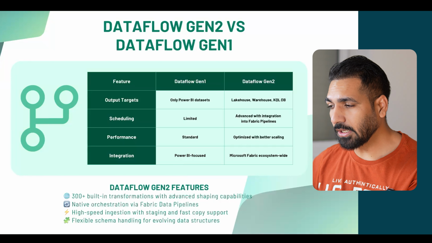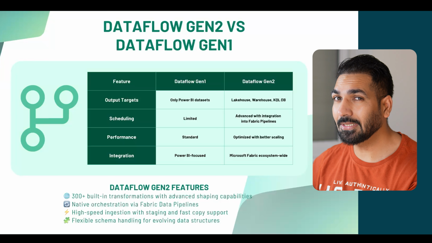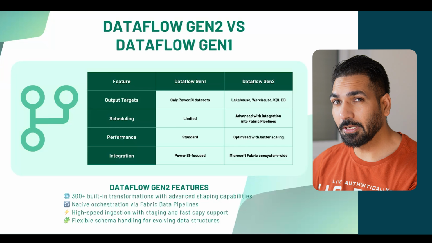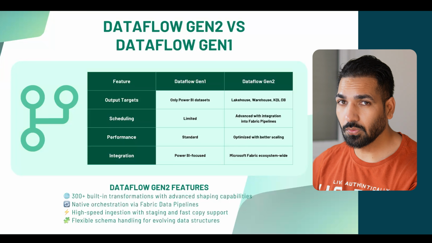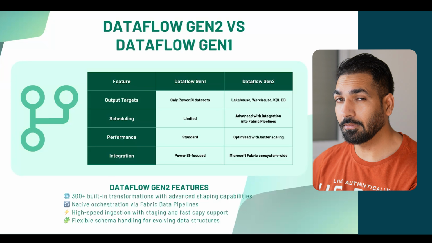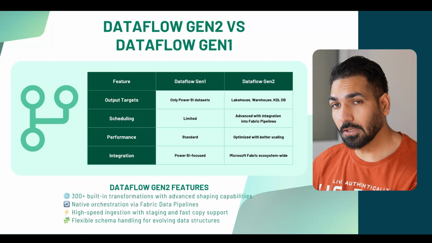Scheduling was limited in Gen1, but in Gen2 it has advanced with integration into Fabric pipelines. That means you can use it as an activity and you can perform a lot more actions over there. In terms of performance also, it's been optimized for better scaling, while Gen1 was just standard. And if I talk about the integration, then Dataflows Gen2 are focused on the Microsoft Fabric ecosystem.